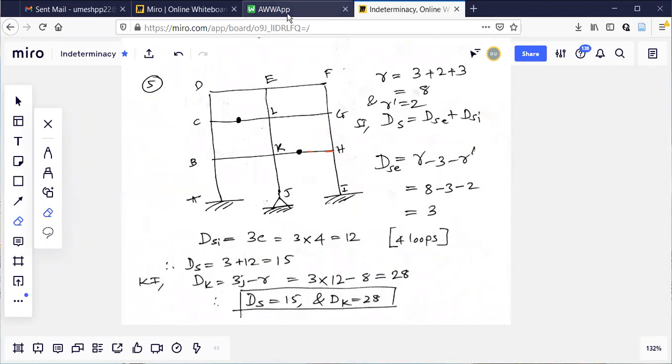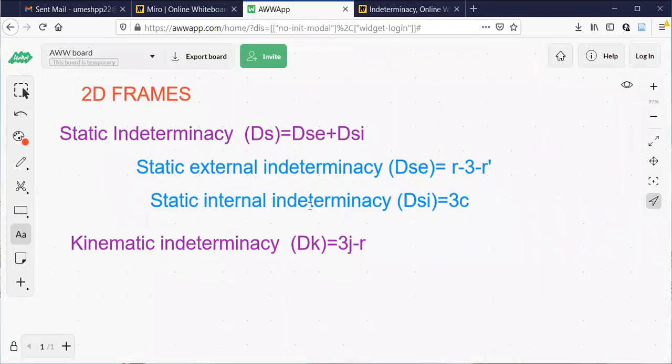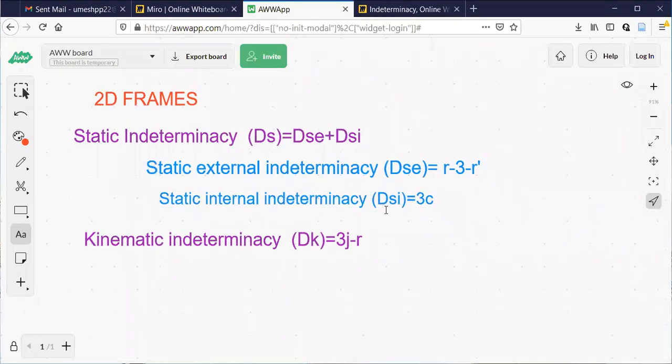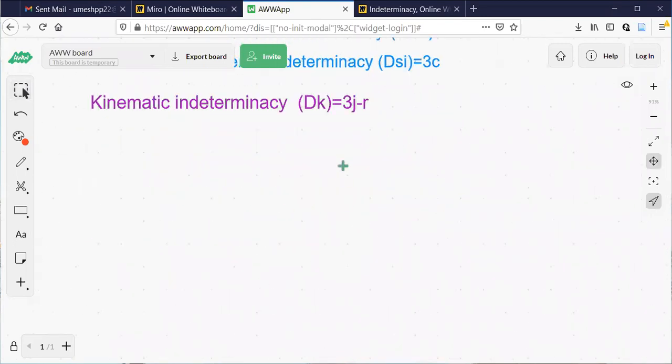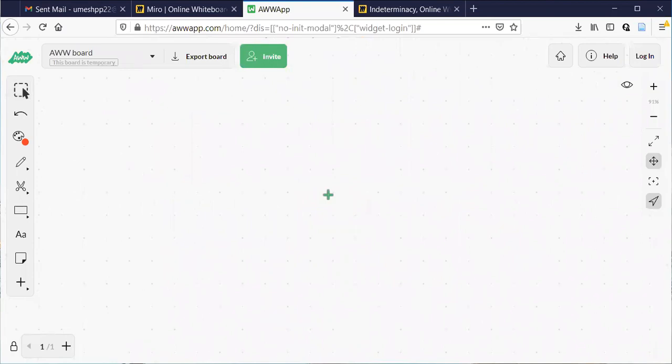Now you see here. Now what I want you to observe here is how I calculate R dash, which is very important. Observe.